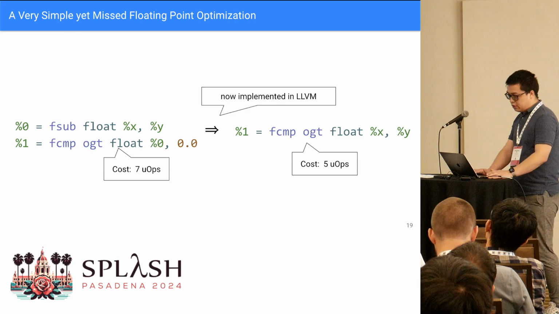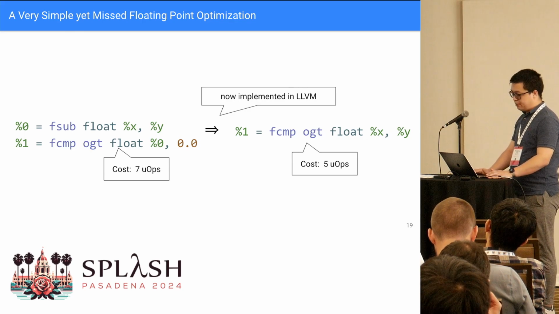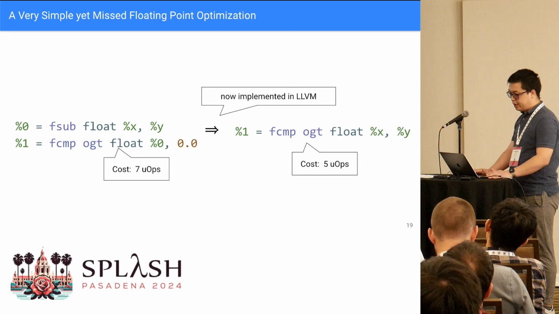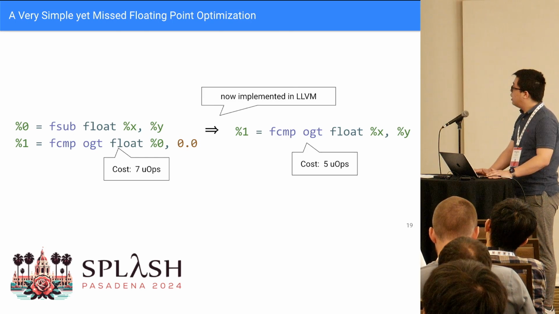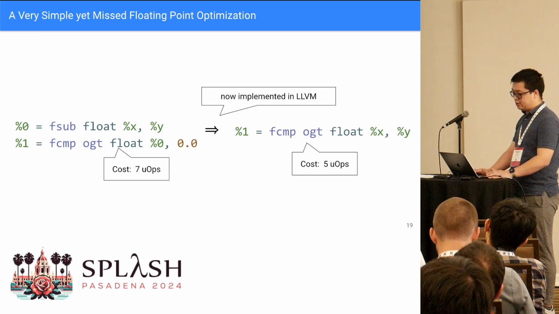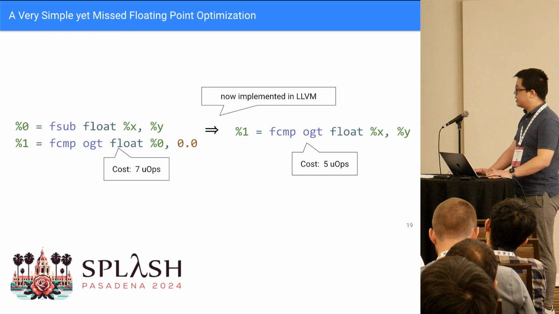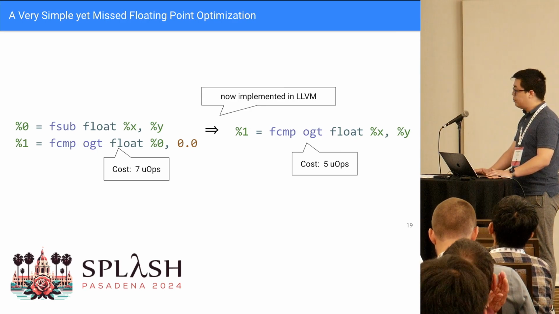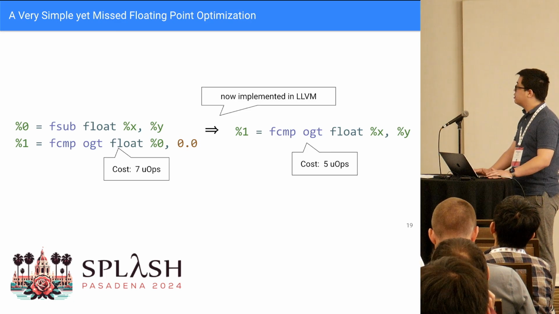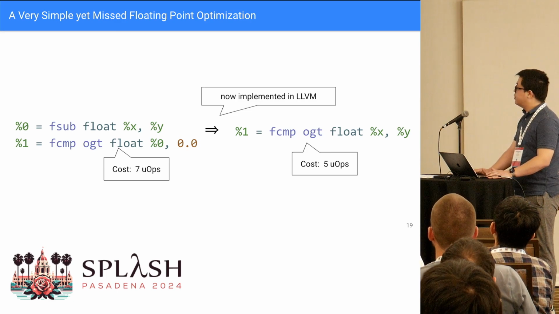And also, another example. Although assembly operations are our superoptimizer's main focus, we also discover floating point and scalar optimizations. For example, this code from the SPEC CPU 17 benchmark suite computes the difference between two floating point values and then checks if the result is greater than 0.